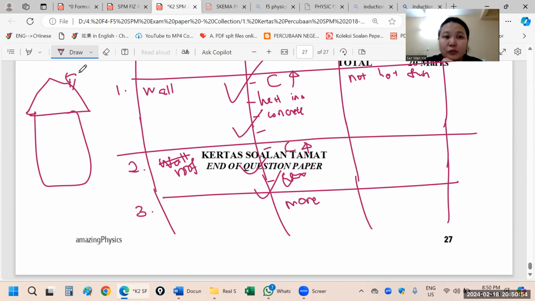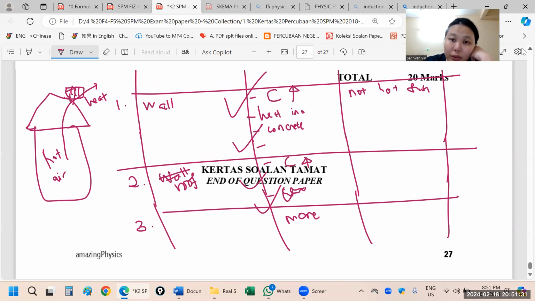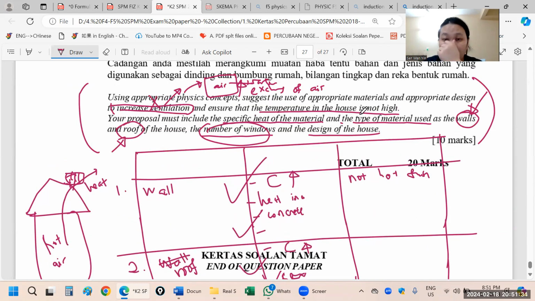On top of the roof of a hall, normally we can see a ventilation fan. We also want to let the hot air inside the house go out. So we can say more windows, more hot air can go out, or more cold air can go in.